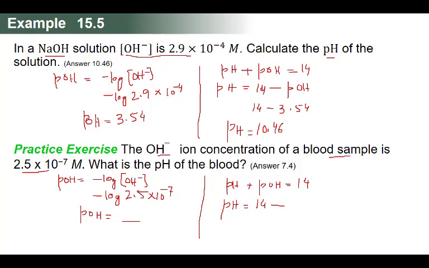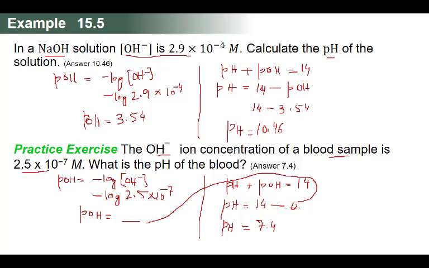This answer will come here, make the minus, and then this will be equal to the answer 7.4. So this will be the pH. Use the calculator and find the answer.